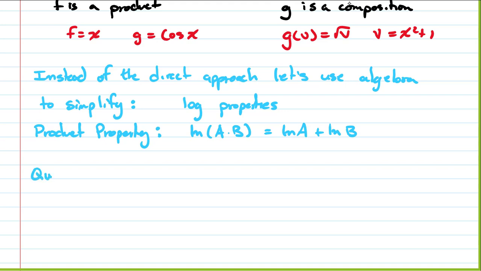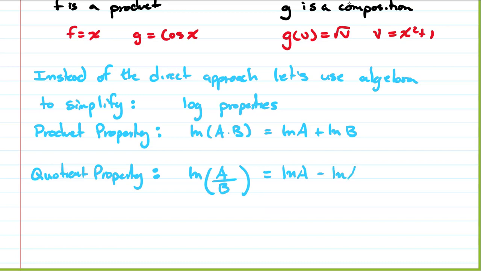We also have our quotient property. And that says if we have the natural logarithm of a divided by b, this is the same as the natural logarithm of a minus the natural logarithm of b.